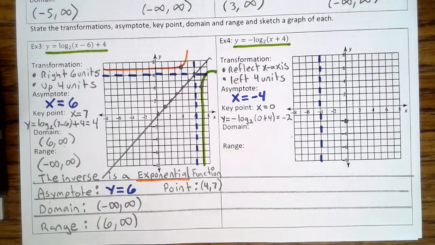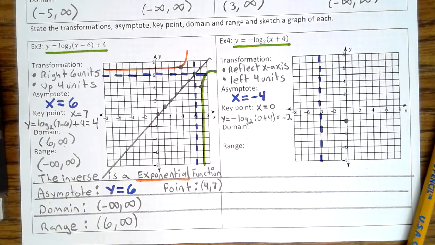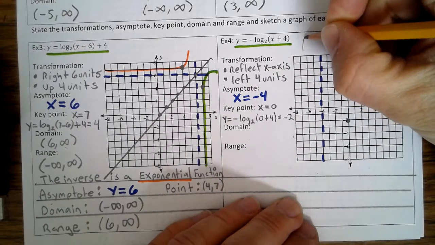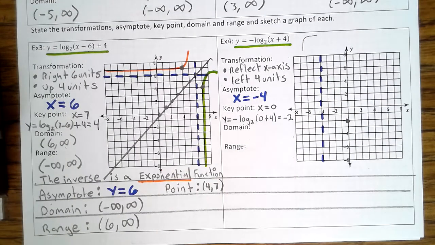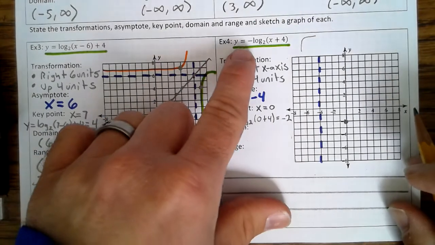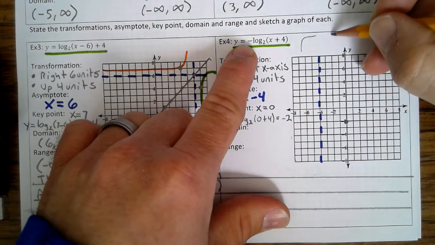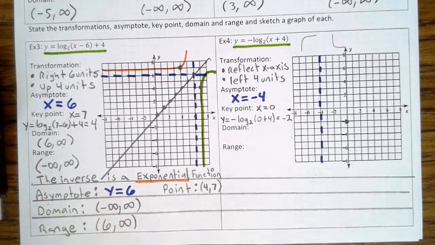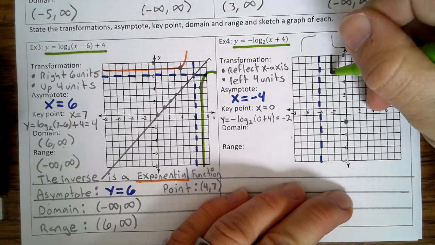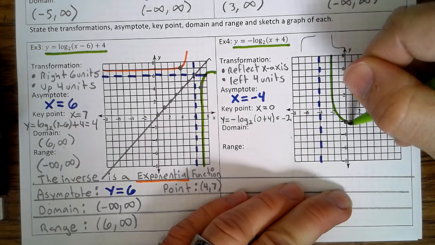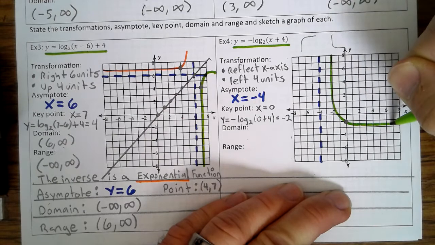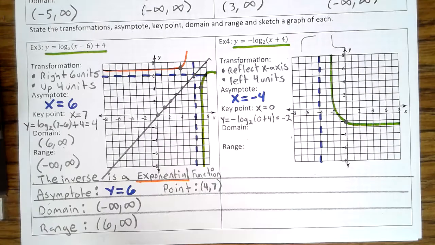Now, logs usually go like that, but because it reflected over the x-axis, it's going like this. Okay, we know domain is from negative 4 to infinity, and range is negative infinity to positive infinity.